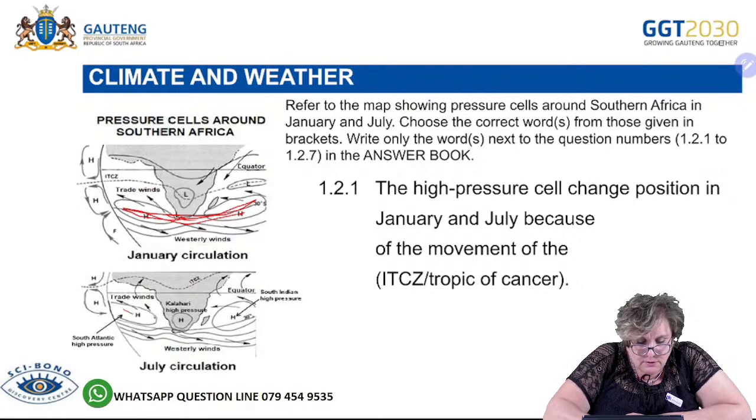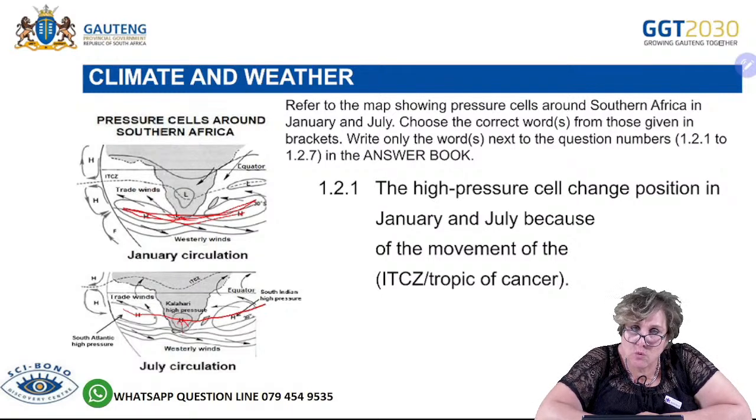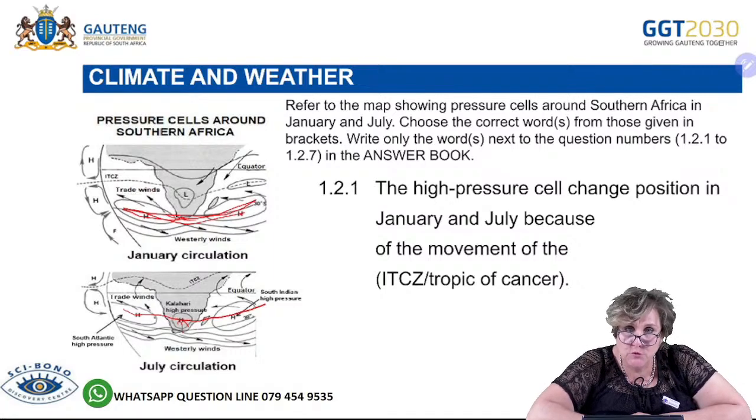Look where it is now. It has moved a little bit higher. What has caused this northerly movement of the high pressure cell? Boys and girls, I give you enough time now here for the answer. This is grade 11 basic knowledge.